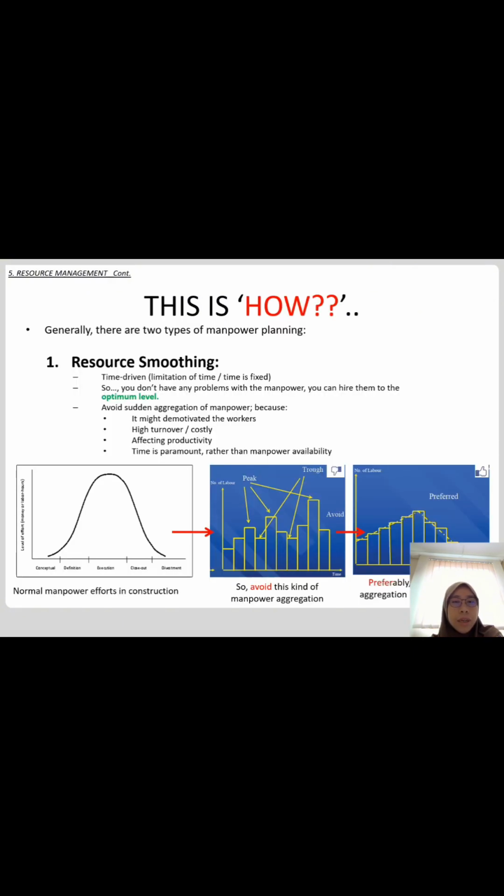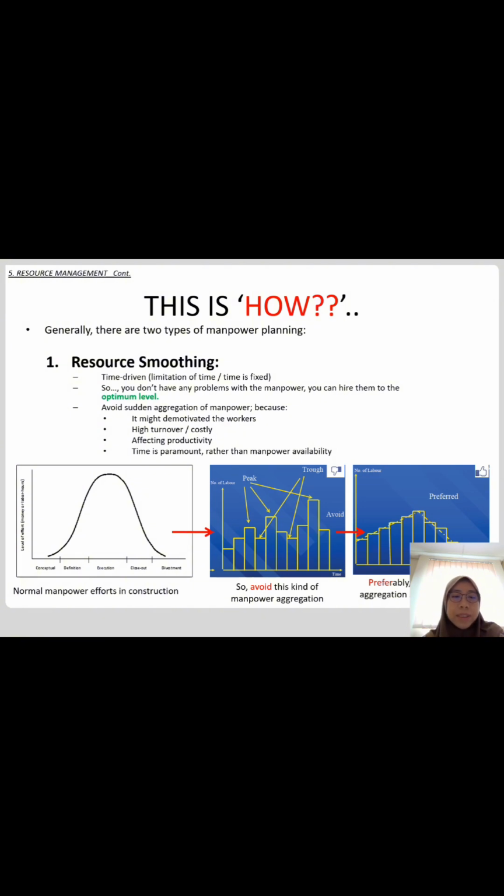Generally there are two types of manpower planning, which are resource smoothing and resource leveling. Resource smoothing is done because it is time driven, meaning there is a limitation of time or time is fixed. So you don't have any problem with the manpower, you can hire them to the optimal level because the only problem that you have now is the time.